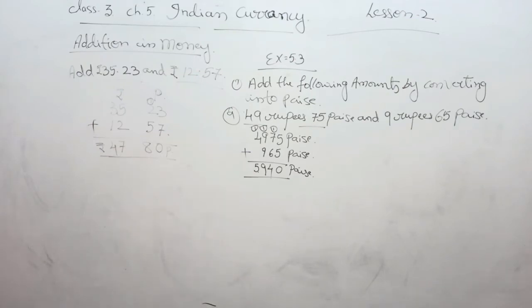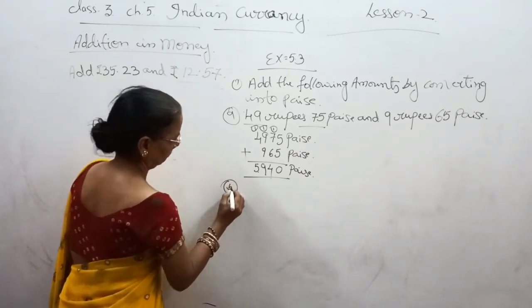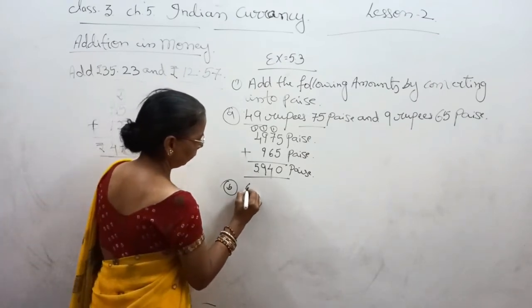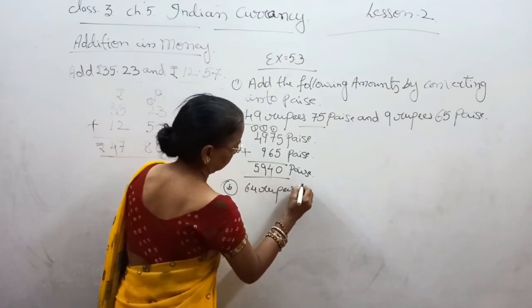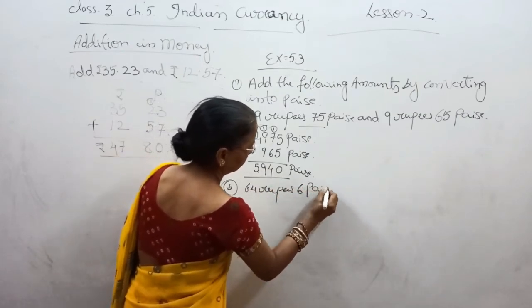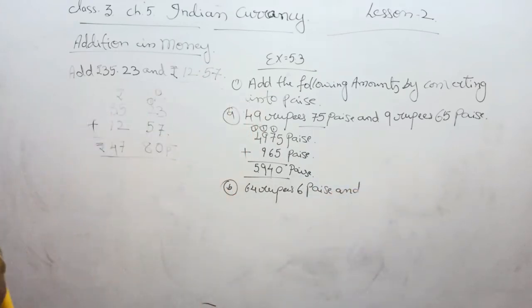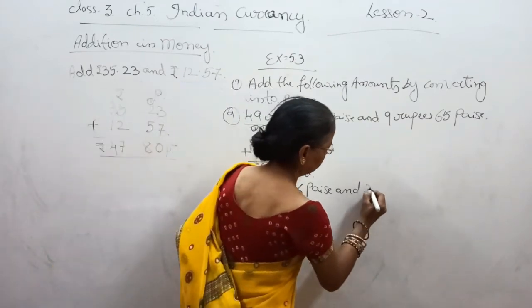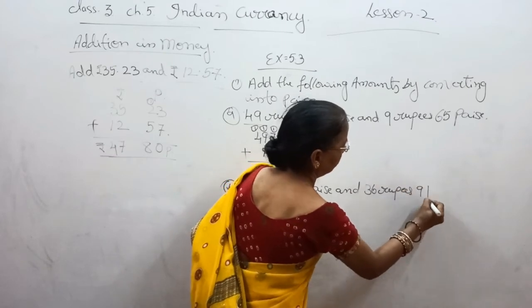Now, second one. 64 rupees 6 paise and 36 rupees 9 paise.